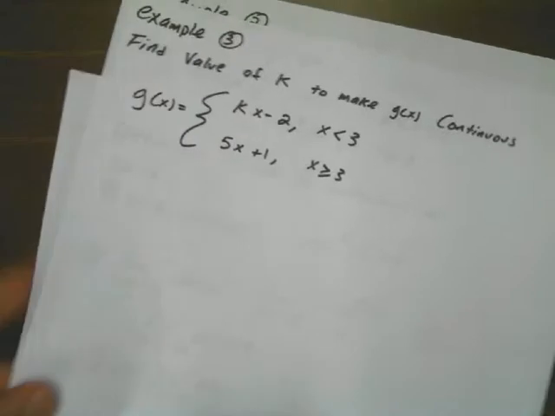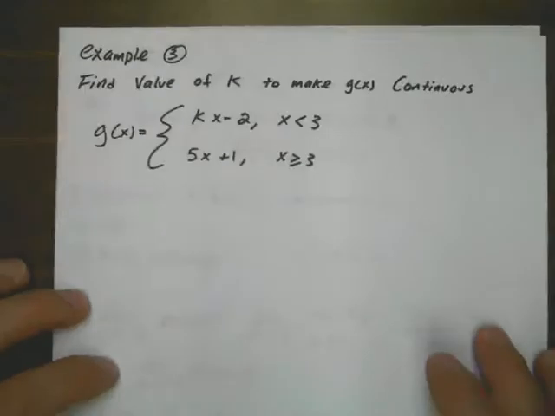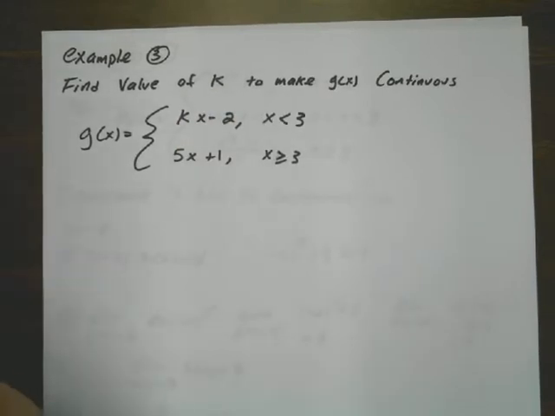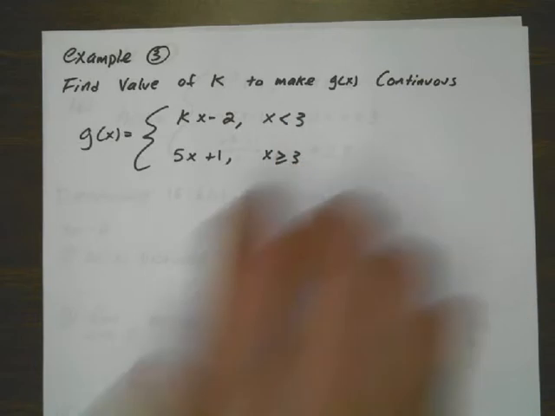is pretty typical on the multiple choice AP exam, which is finding a value of k to make a function continuous. So they have some constant. In this example I chose k, and we want to make it continuous at the point that's being split.